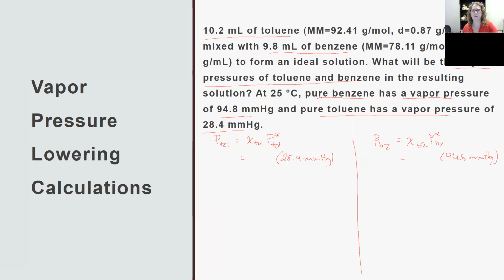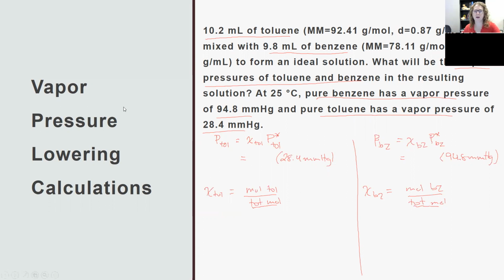So let's figure out what the mole fractions are. And remember, mole fraction of toluene would just be moles toluene over total moles, and mole fraction of benzene would just be moles benzene over total moles. The total moles is the same in both solutions.